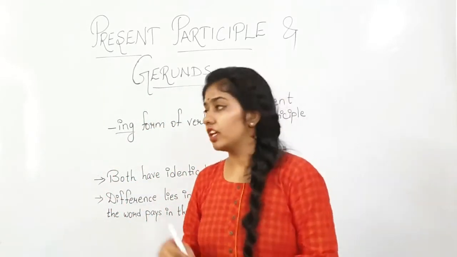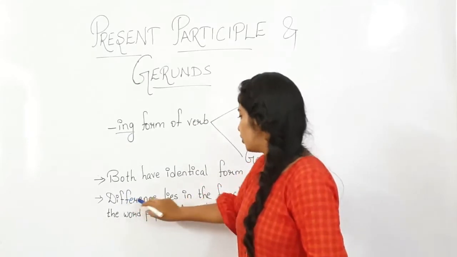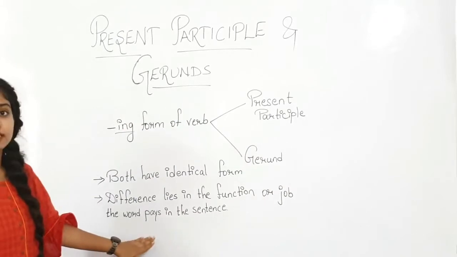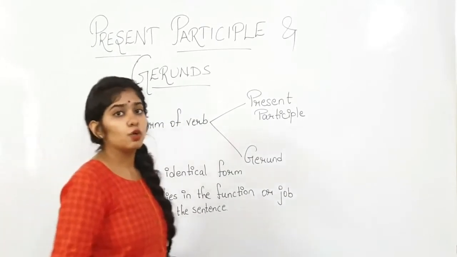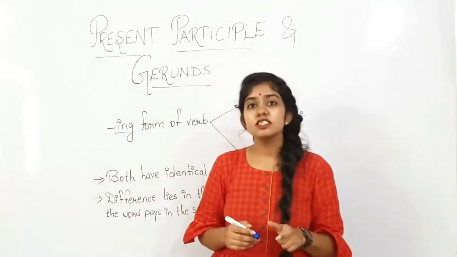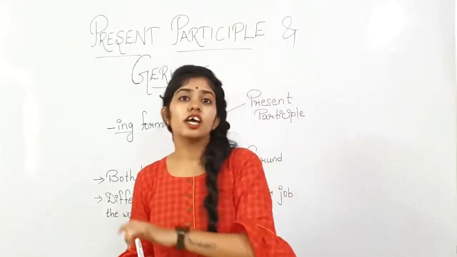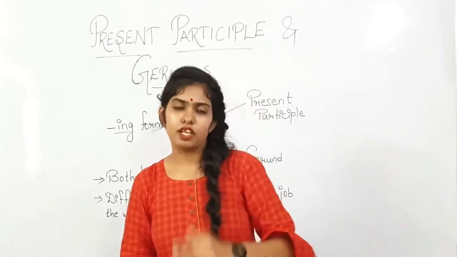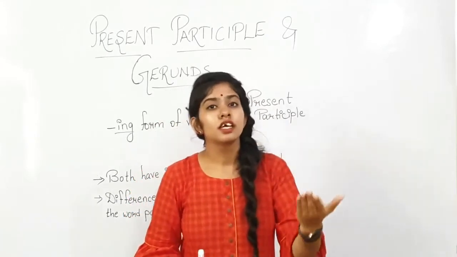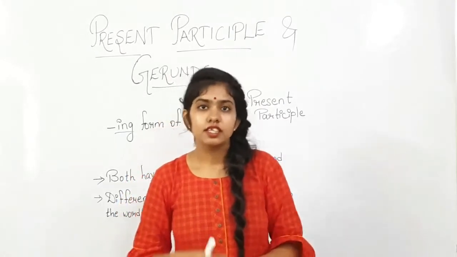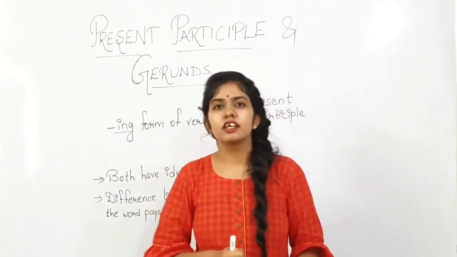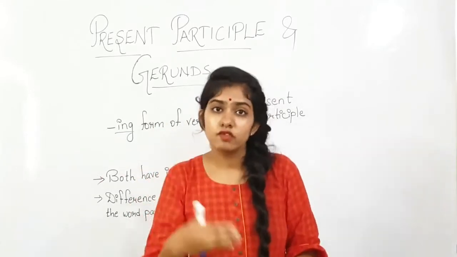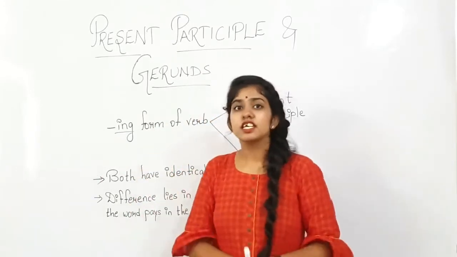So for that we have one more thing, that is the difference lies in the function or job the word plays in the sentence. Means when the word plays as a verb, then it is present participle, and when the word is played as a noun, then that word is a gerund. How will you identify whether it is a noun or a verb? That we will study in detail in this session.